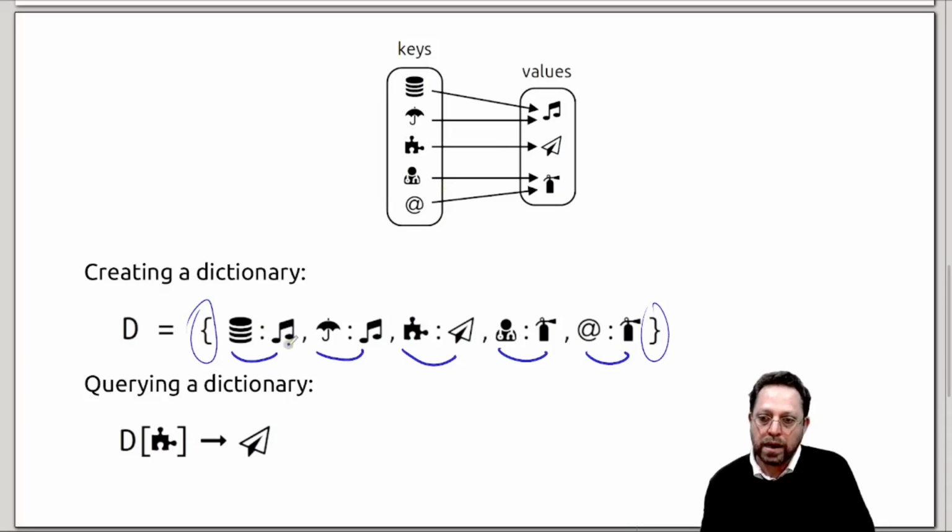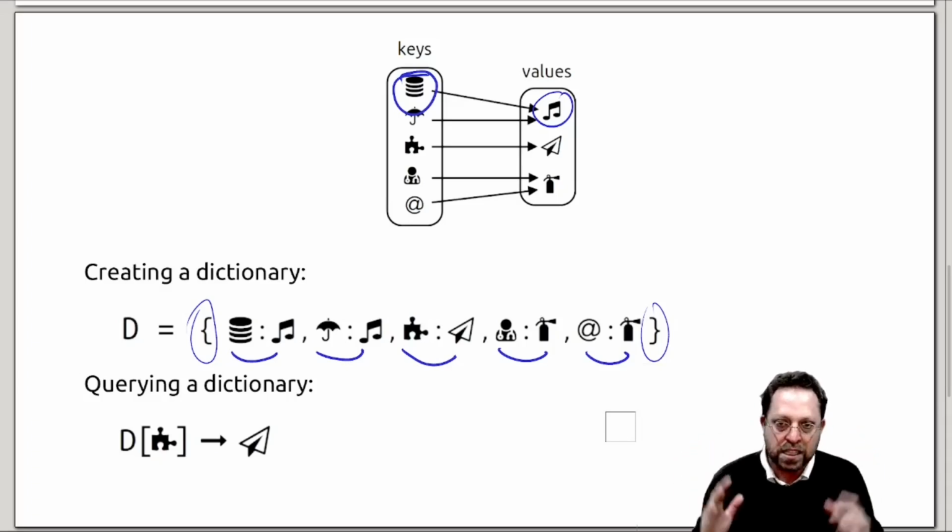And each one, let's say this is the first one, maps from one key to its corresponding value. In this case, from this database icon to this musical note icon. Then the second one is from umbrella to musical note, then from puzzle piece to paper airplane, and so forth. Okay, so that's how you define a dictionary.